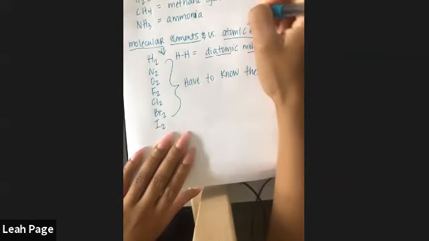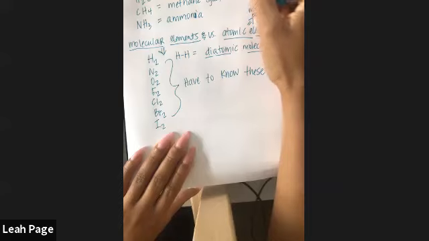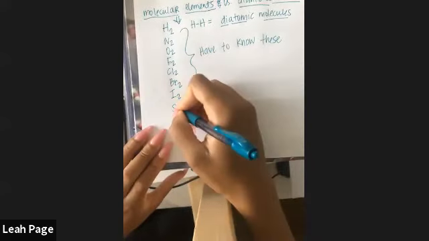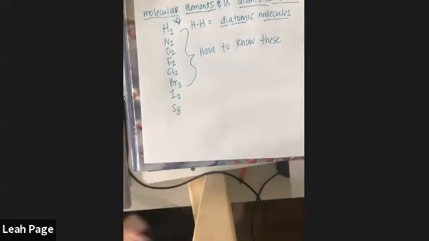Most of them, I'll say most, because another example of a molecular element is sulfur. Sulfur in its natural state is S8, but you don't have to know that for this class. We call it a polyatomic element, a polymolecular element.